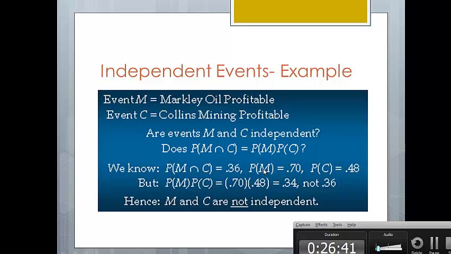We know the probability of Markley Oil being profitable was 70%. We know the probability of Collins Mining being profitable was 30%. So when we multiply the two of them, we get 34%, not the 36%. So these events are not, in fact, independent of one another.